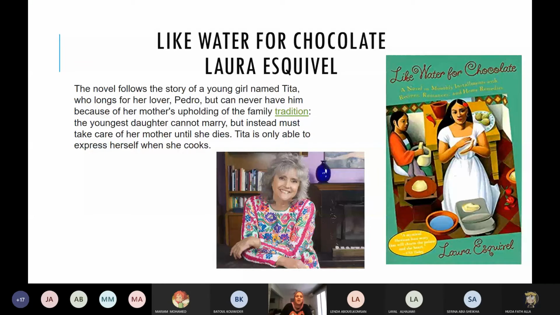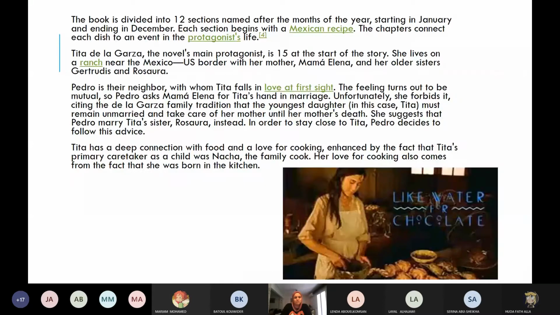So that's why the novel is so creative. Actually, this part I brought from the internet, and you're not asked, but because I love this novel, I wanted to tell you about it. The book is divided into 12 sections, named after the months of the year, starting in January and ending in December.